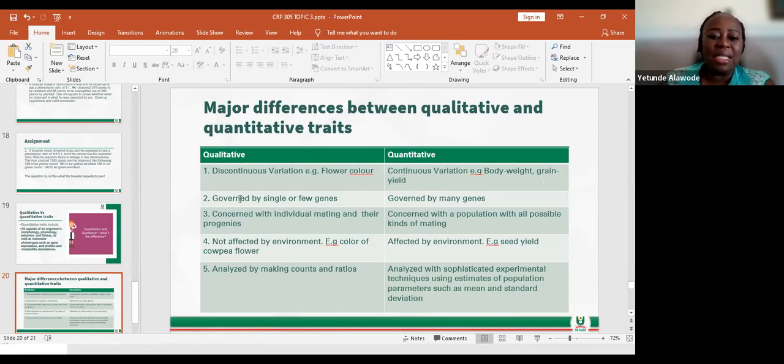Qualitative traits are governed by a single gene or few genes, while quantitative traits are governed by many genes. Qualitative traits are concerned with individual mating and their progenies, while quantitative traits are concerned with the population and all kinds of mating.